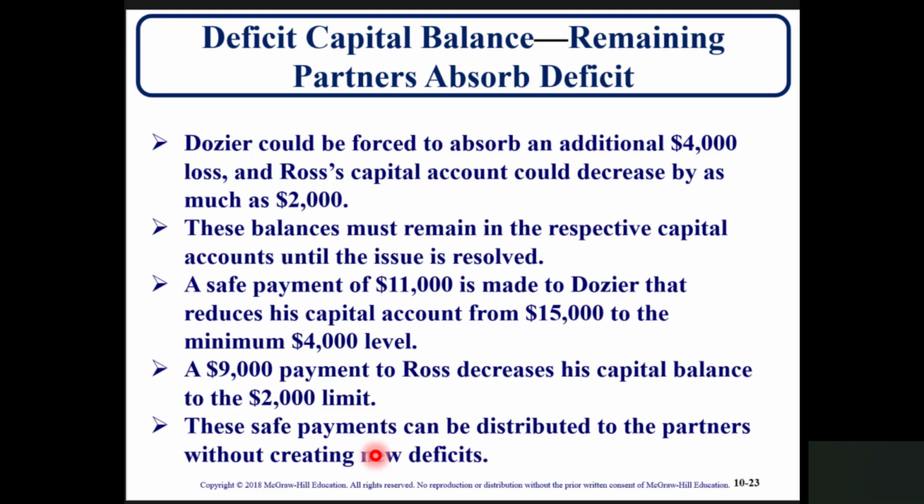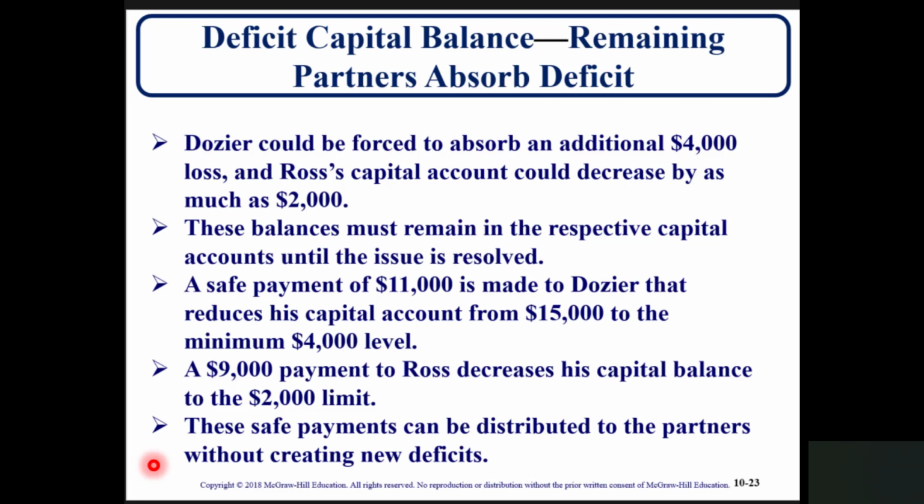A safe payment of $11,000 is made to Dozer that reduces his capital account from $15,000 to the minimum of $4,000 level, and a $9,000 payment to Ross decreases his capital balance to the $2,000 limit. These safe payments can be distributed to the partners without creating new deficits.